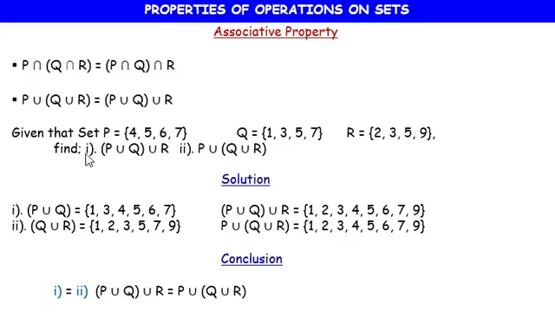Now, if I ask you to find (i) P union Q in brackets, and then union R, and (ii) P union, in brackets, Q union R.